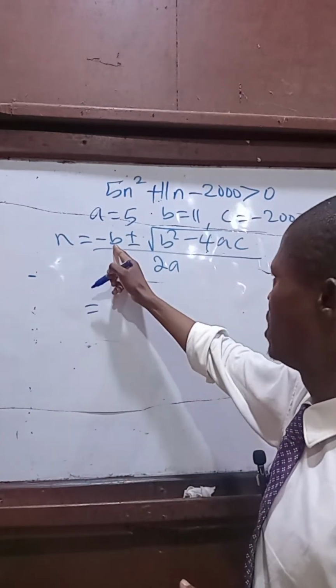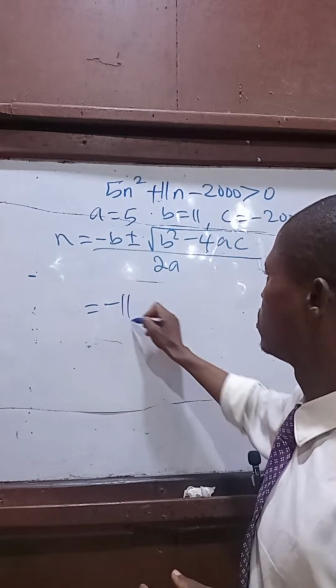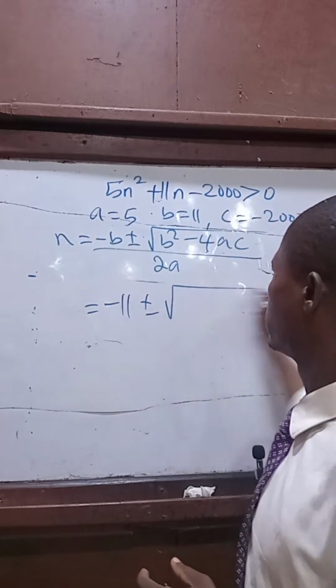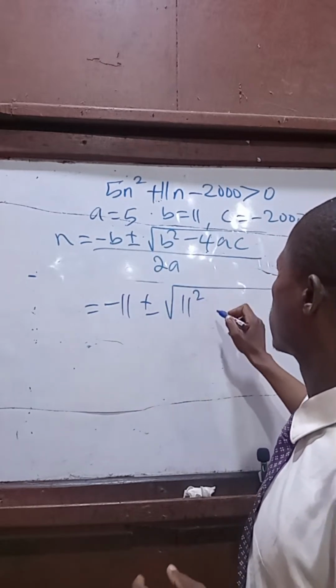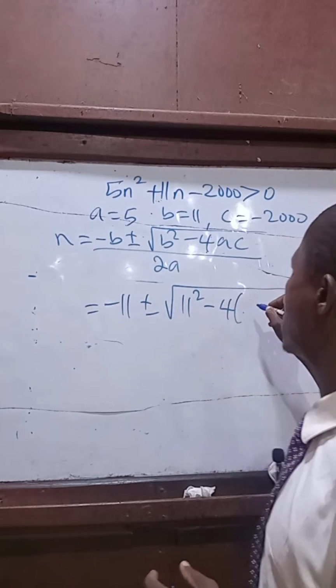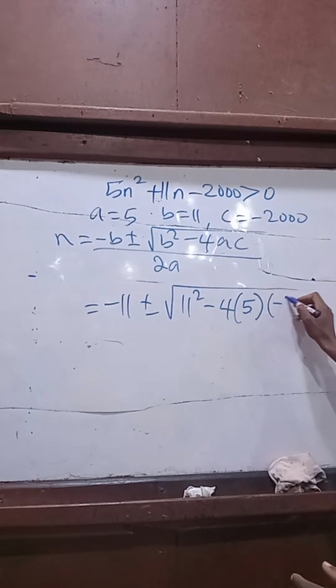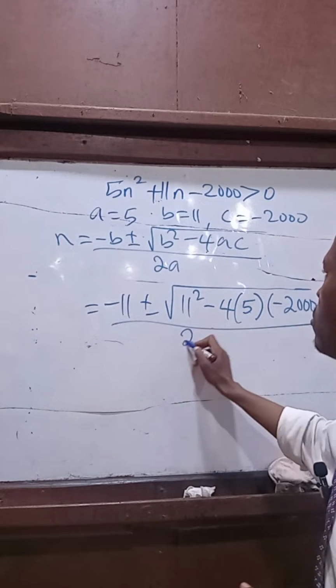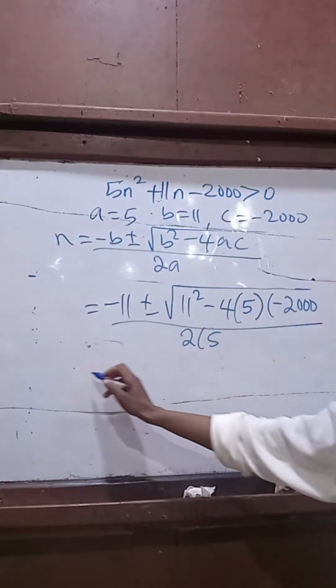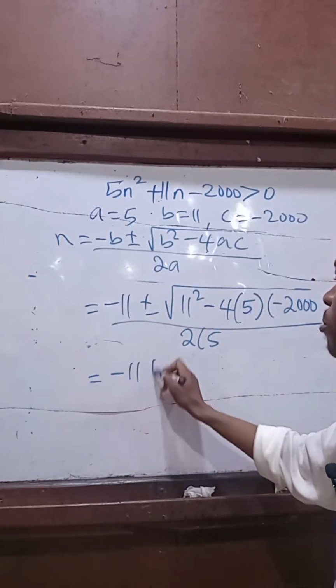My b is 11, so minus 11 plus or minus the square root of 11 squared minus 4 times a, that's 5, times c, that's minus 2,000, all over 2 times 5.